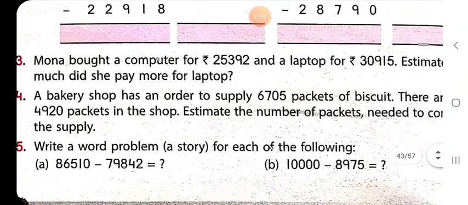So we have to find the estimated amount she paid more for the laptop as compared to the computer. Just like we have done the estimation, we will do it in this also, but in this we have to write the statement.